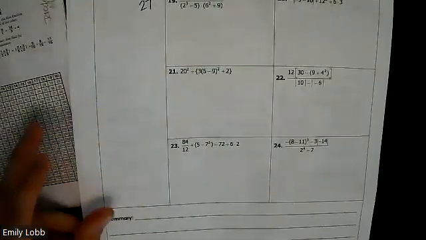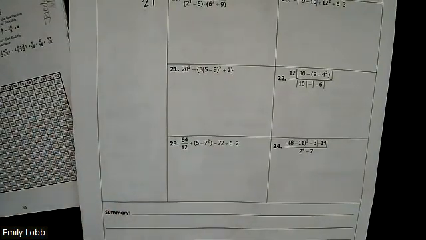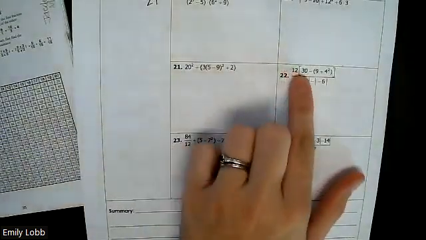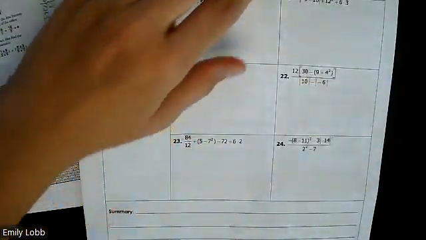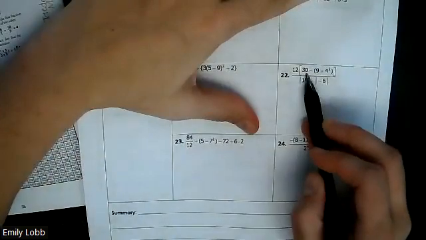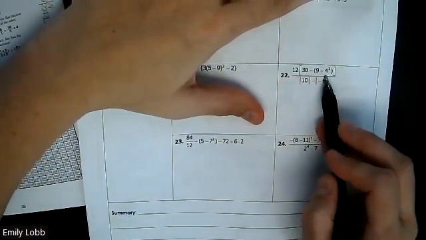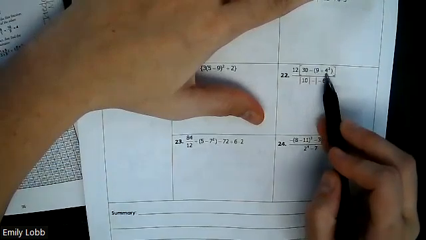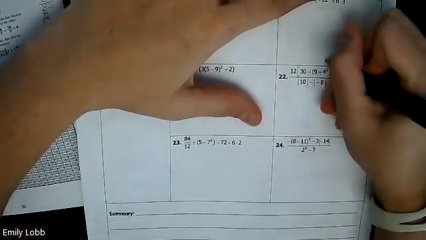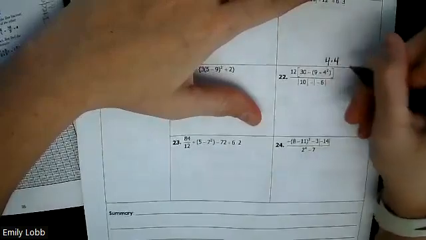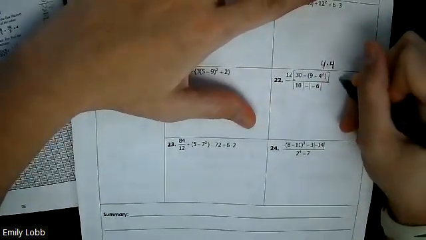All right, can we jump to 22? Well, we have brackets here. We have 30 minus something. So inside here we have addition and exponents. So what's 4 times 4? 16.